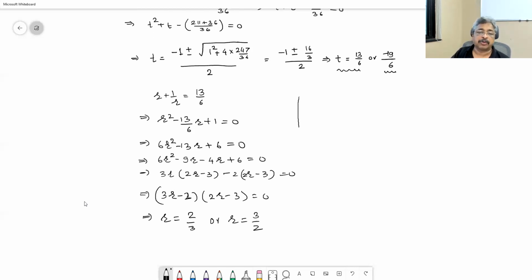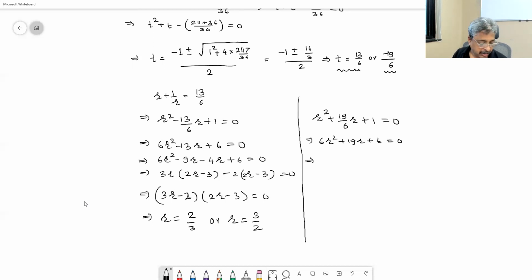That is one part of the story. The other part of the story is R square plus 19 by 6 R plus 1 is equal to 0, correct? Which is 6R square plus 19R plus 6 is equal to 0.